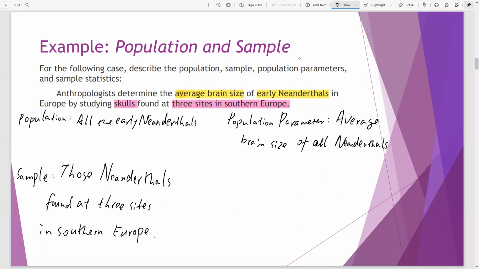Average brain size, that's what we're looking for, right? But the sample statistics are what, or is what?